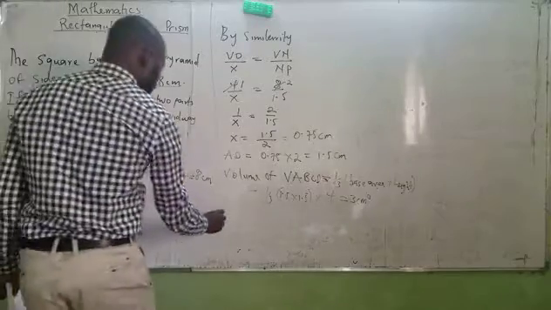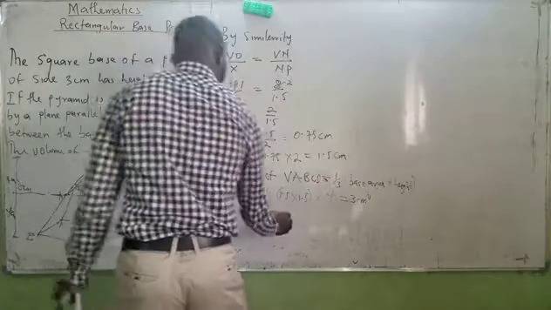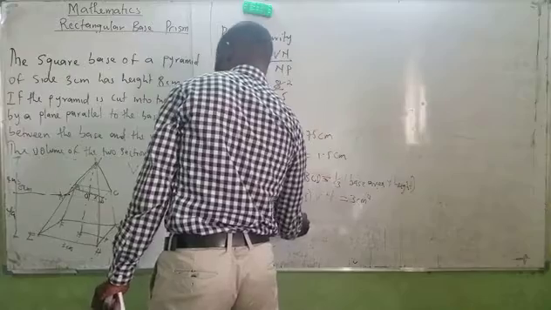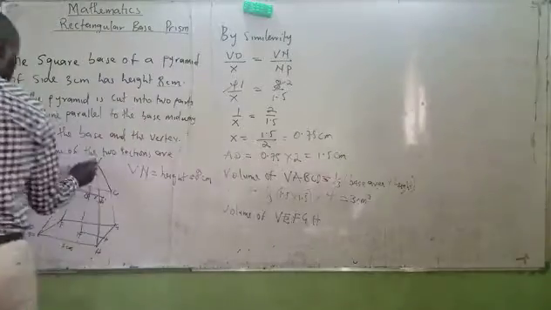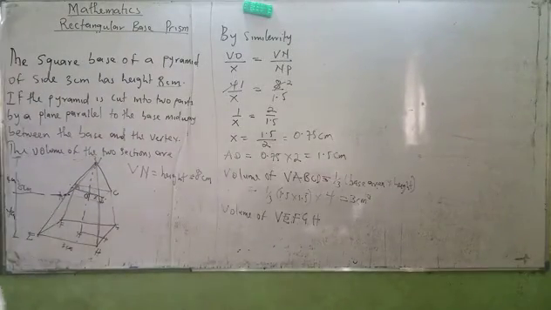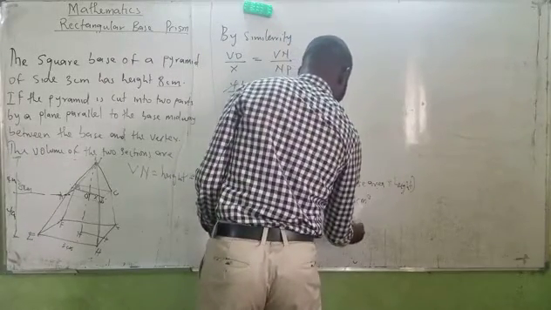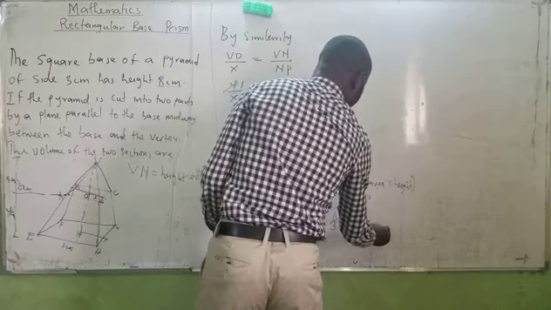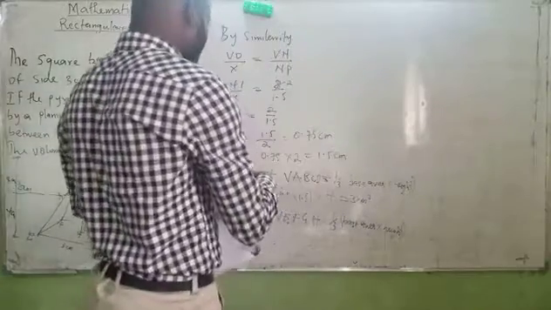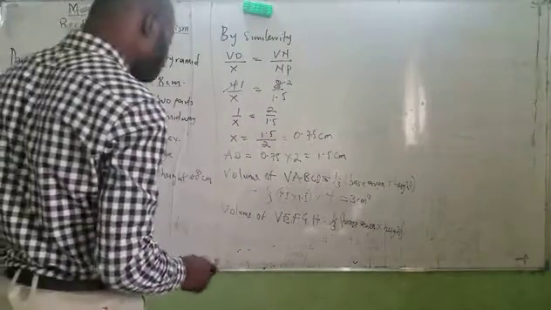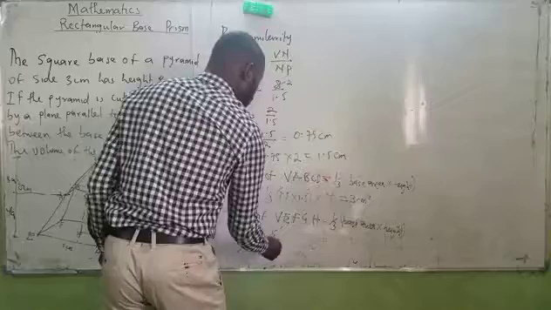Now, volume of V E F G H. Now it means the volume of the whole shape, I'll be having 1/3 multiplied by base area multiplied by height.